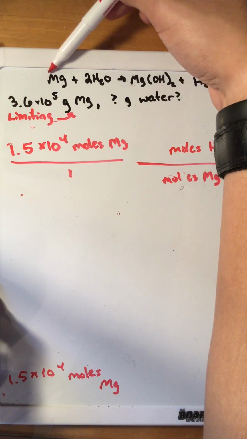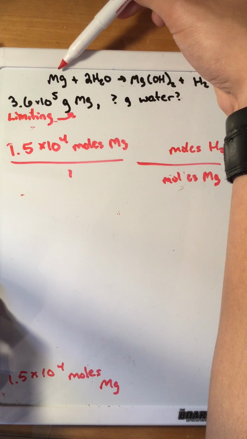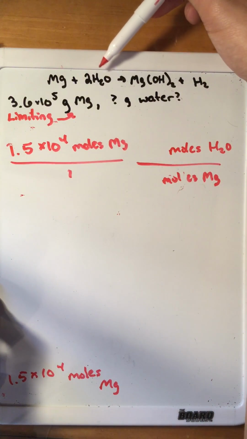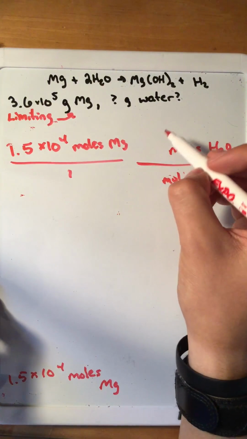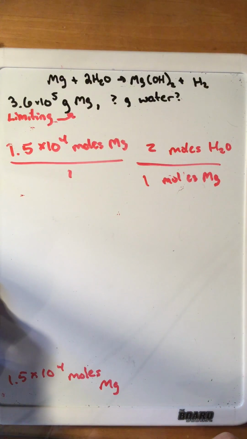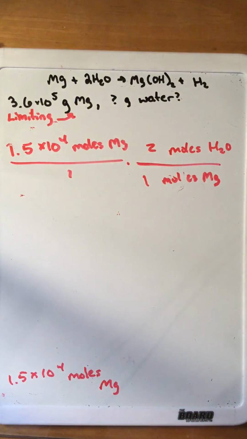So we have, for every 1 mole of magnesium, or for every 1 magnesium atom, we need 2 H2O molecules. And so our relationship here is 2 to 1. 2 goes with H2O. So now we can just go ahead and multiply this.